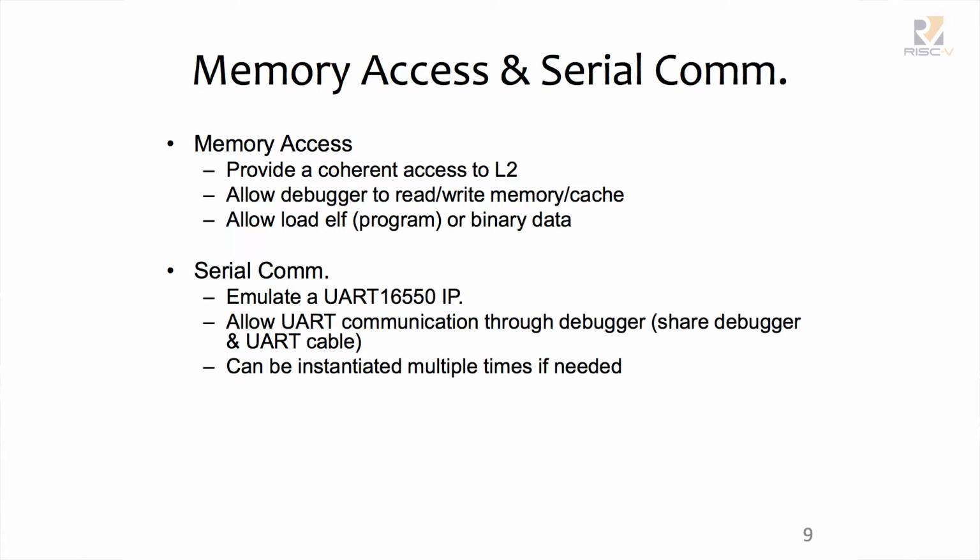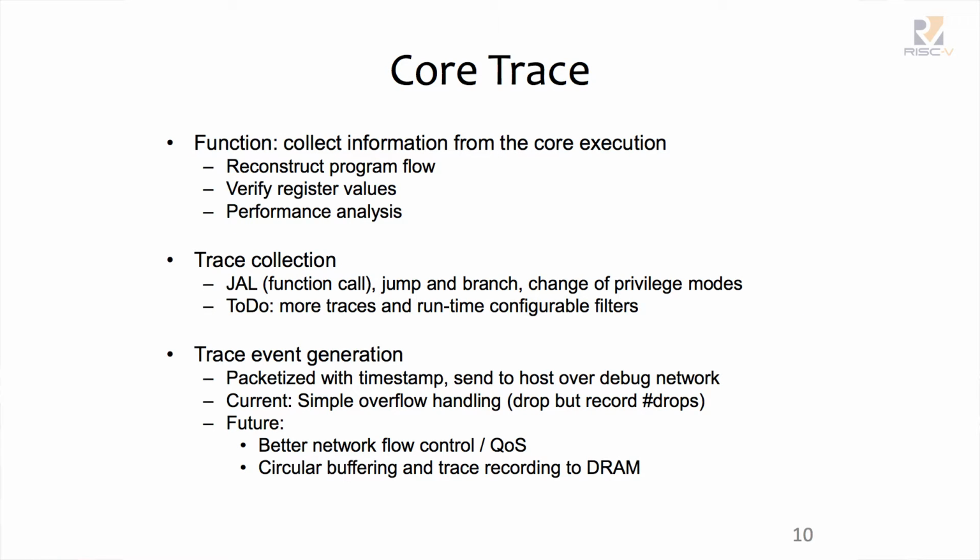As I mentioned, the serial communication emulates a UART IP, and it gives you a console while sending the trace information over the same cable. The function of core trace is to extract the actual instruction traces from your processor.